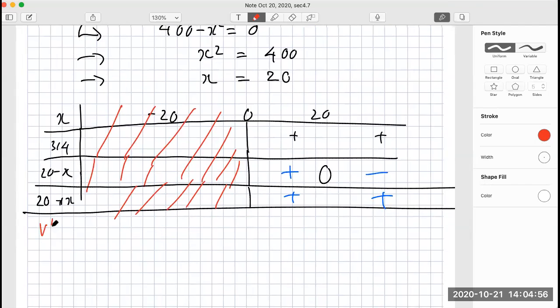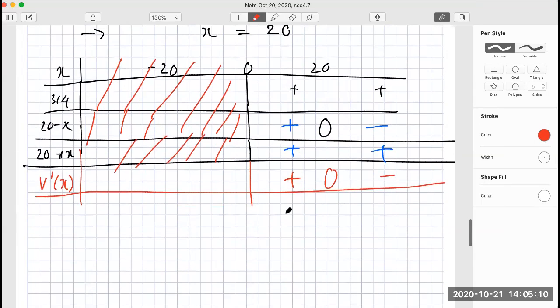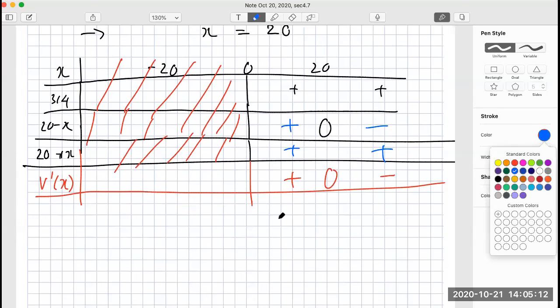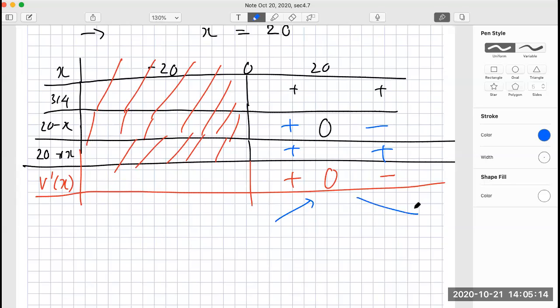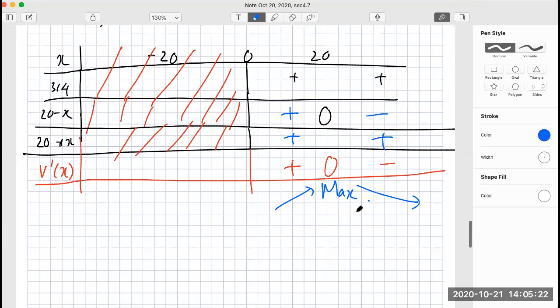So therefore, v prime of x in this area at 0, and here it is 0, here is positive, here is negative. So the similar story, it is increasing and decreasing, right? So this has a maximum value right here.